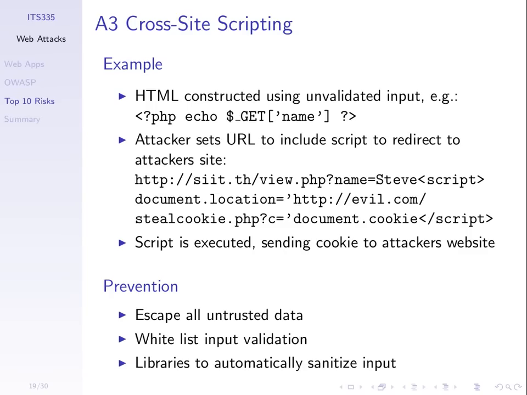That may be the normal value, but if the attacker can submit anything here as the name, like Steve followed by script and some JavaScript, then what happens when they submit this is that this PHP puts this script inside the page. So this JavaScript would now be put inside the HTML page, and when the HTML page is loaded in your browser, the browser executes this JavaScript.